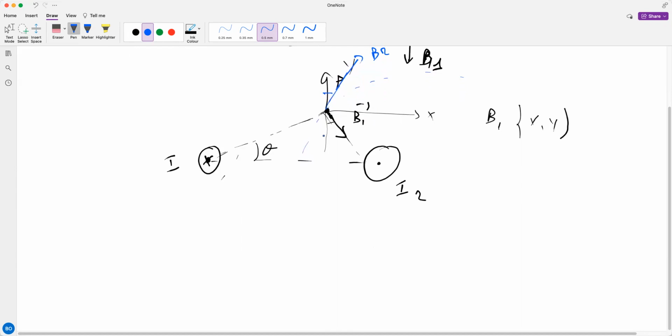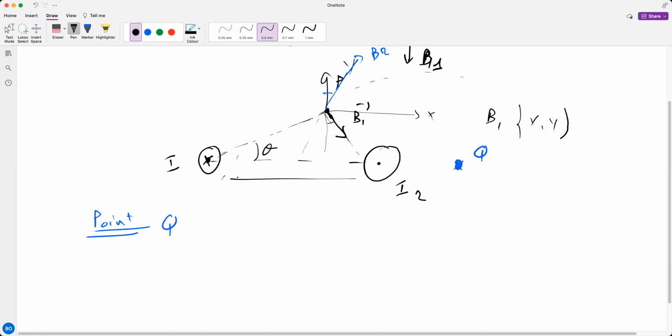So you can, for example, calculate the point, let's say I will call it Q, where the total magnetic field will be equal to 0. Okay, so you take a point, I will call it Q here.